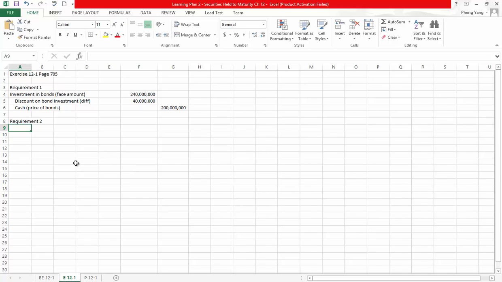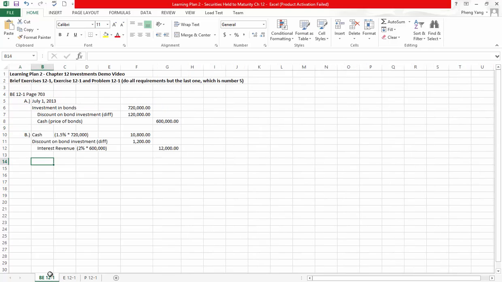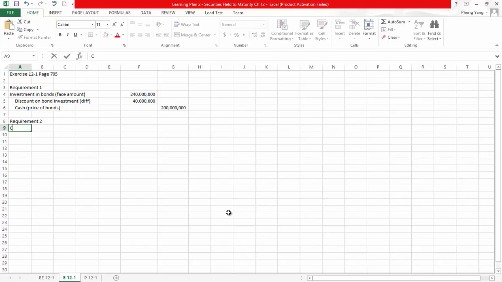And requirement 2, prepare the journal entry for Tanner UNF to record interest on December 31st, 2013, at the effective market rate. Okay, very similar once again to brief exercise 12-1. So we know we're going to be debiting cash, and the bonds yield 6%, but because we are calculating interest semi-annually, that 6% divided by 2 is going to be 3% times the 240 million.